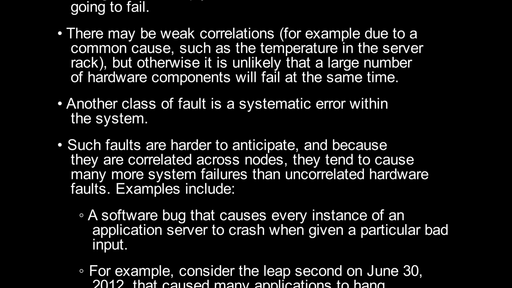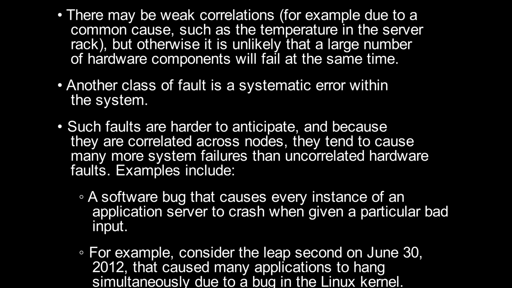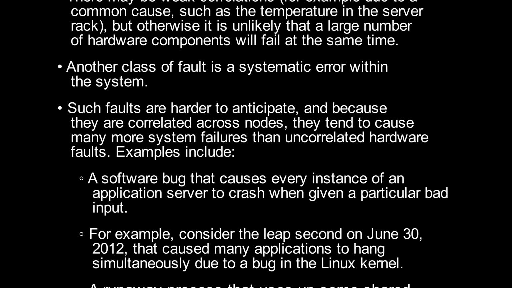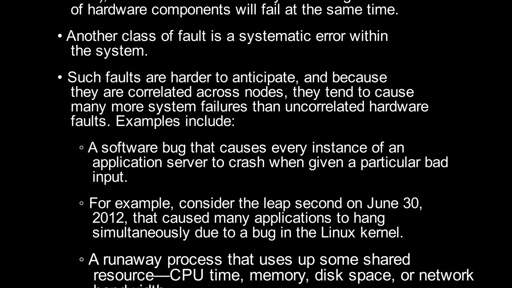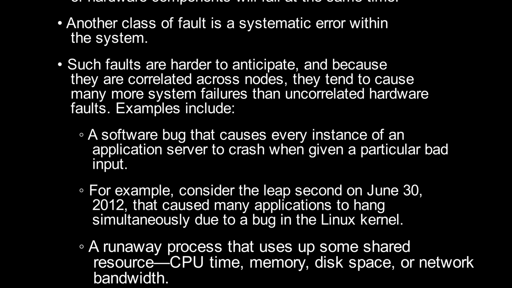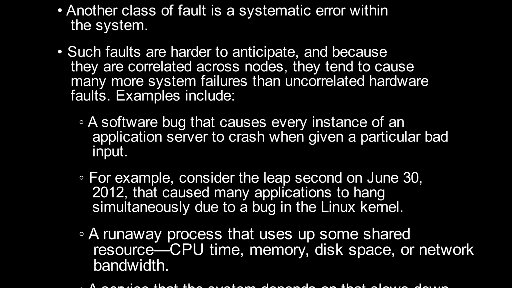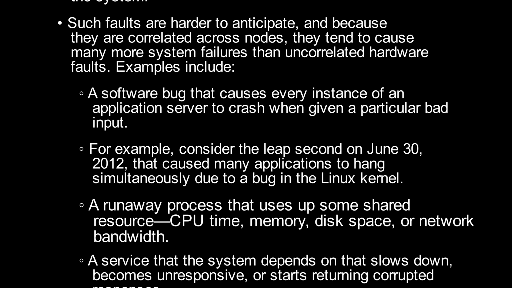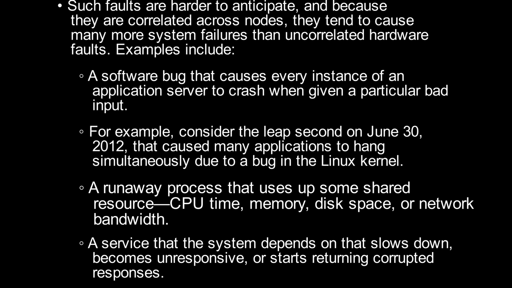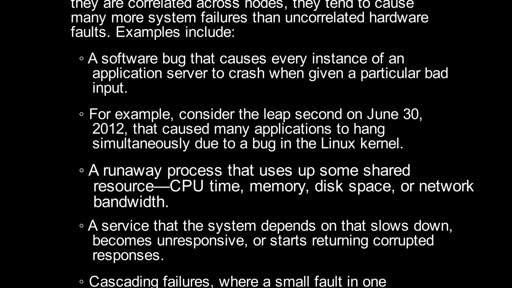Examples include a software bug that causes every instance of an application server to crash when given a particular bad input. For example, consider the leap second on June 30, 2012, that caused many applications to hang simultaneously due to a bug in the Linux kernel. A runaway process that uses up some shared resource: CPU time, memory, disk space, or network bandwidth.